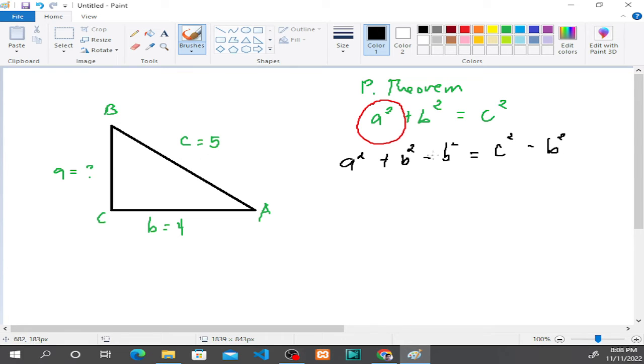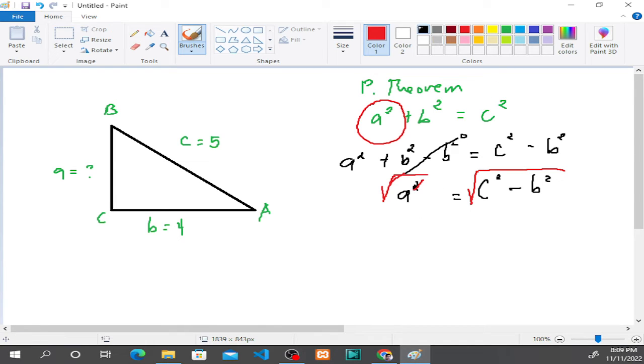Then we do some algebraic steps, and that goes to 0. So your new formula is a squared is equivalent to c squared minus b squared. Then you have to take the square root of that, and you will see that it will cancel out.